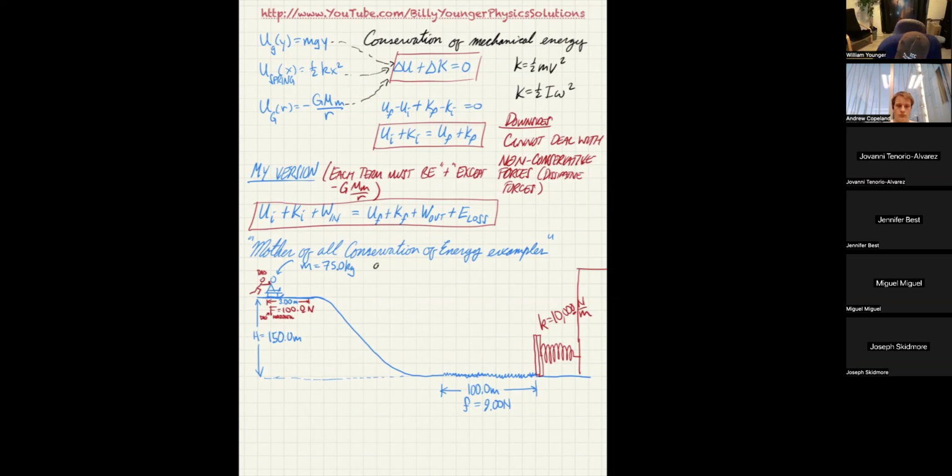So here's the example. In part A, I want to know how fast at the end of the push. In other words, at the end of the father pushing, so I'm going to call this V final A equals question mark.